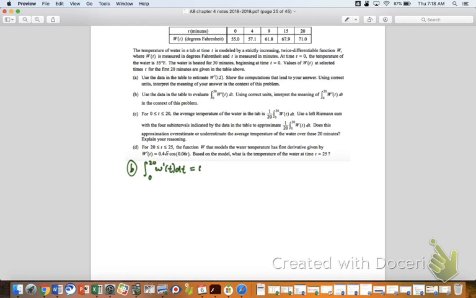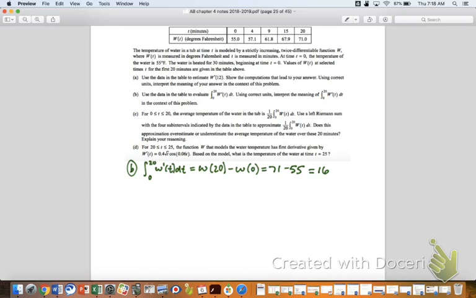This equals w of 20 minus w of 0, right? So the antiderivative would cancel out with the derivative, and then we would subtract the evaluations in the correct order. So according to the table, w of 20 is 71, and w of 0 is 55, and so that equals 16.